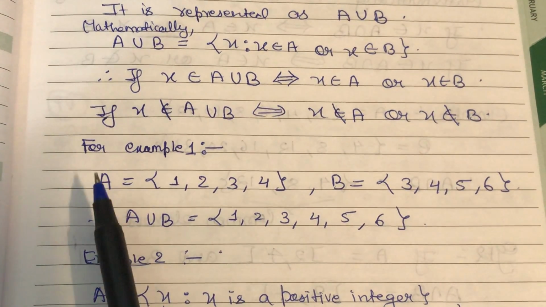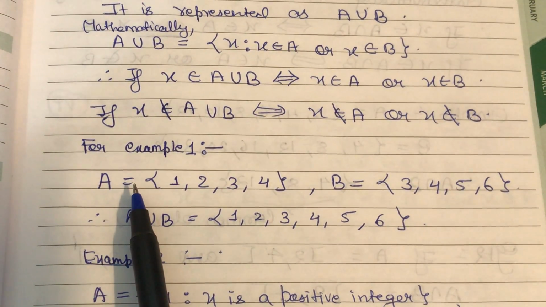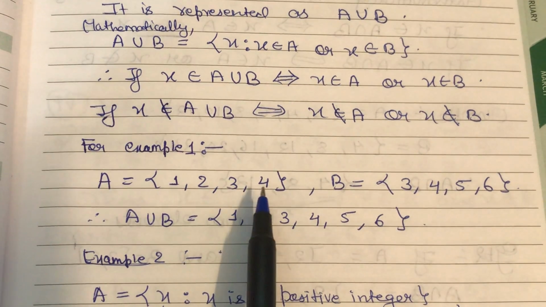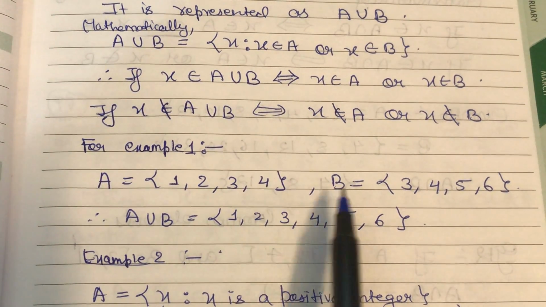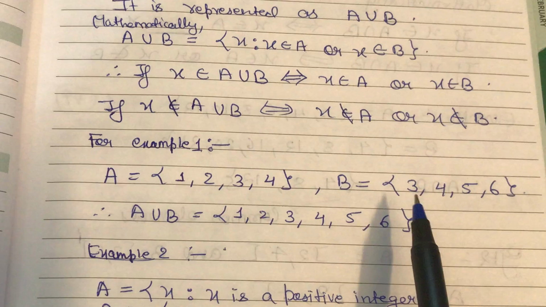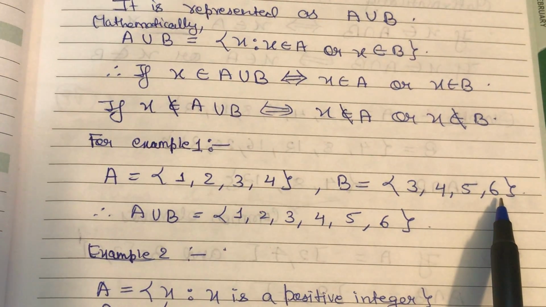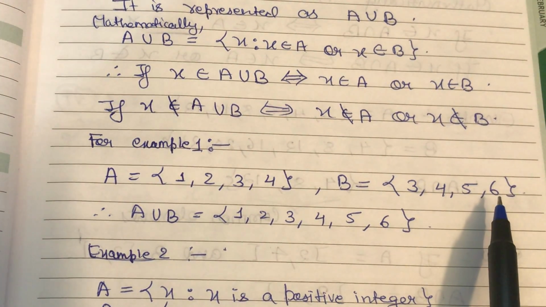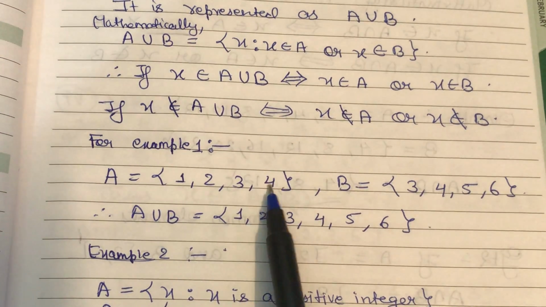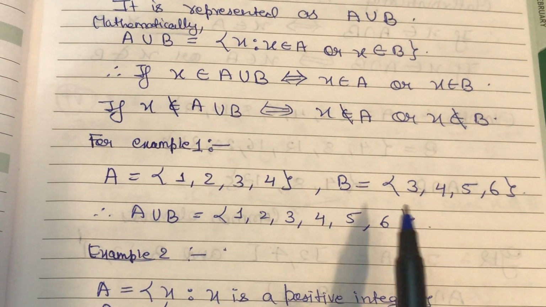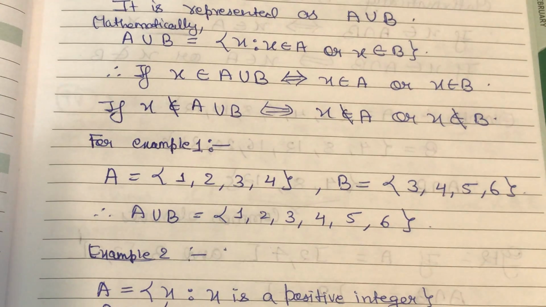Here, A is a set with elements 1, 2, 3 and 4. B is another set with elements 3, 4, 5 and 6. Now, if we have to find the value of A union B, I have to form a set which has all the elements present in either A or B without any repetition.